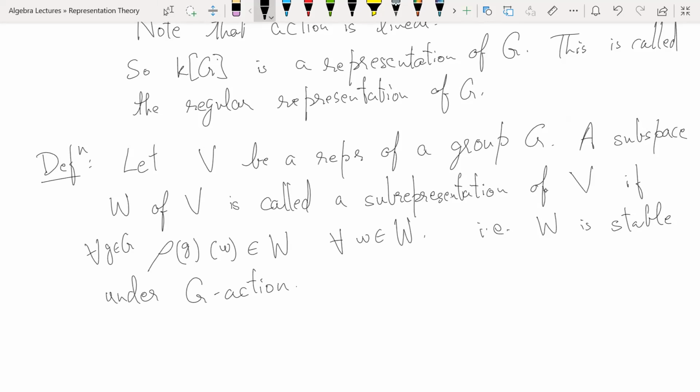Okay, so basically then rho induces a map.